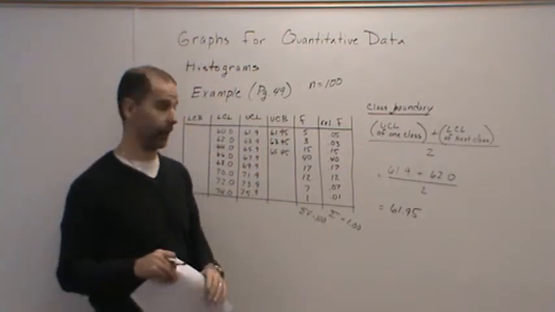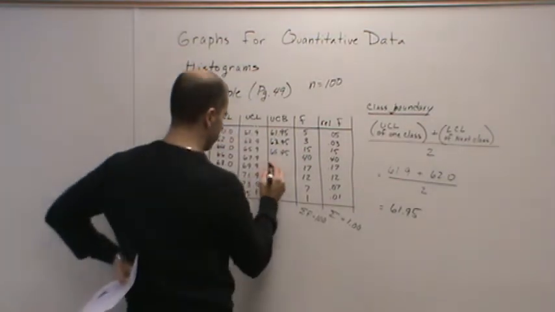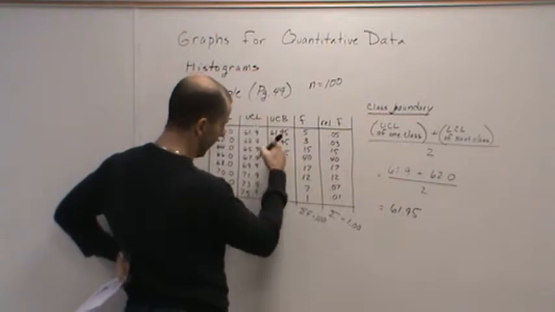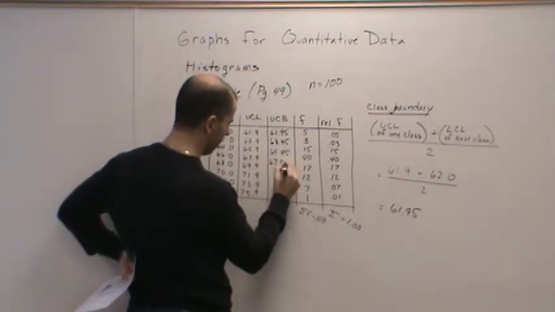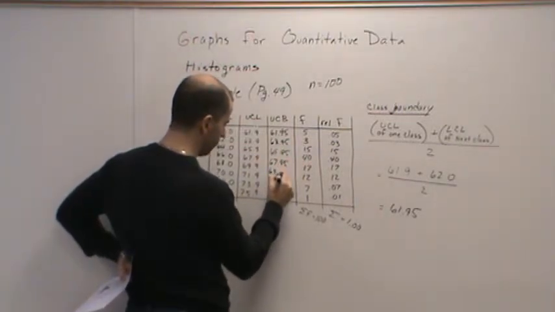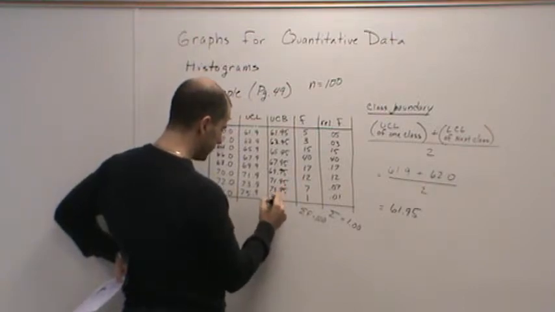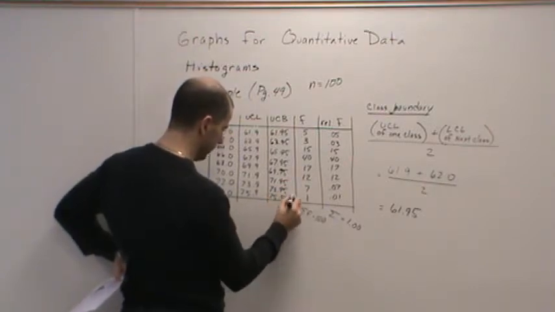If I keep doing this, I add 2 and get 67.95, 69.95, 71.95, 73.95, and 75.95.